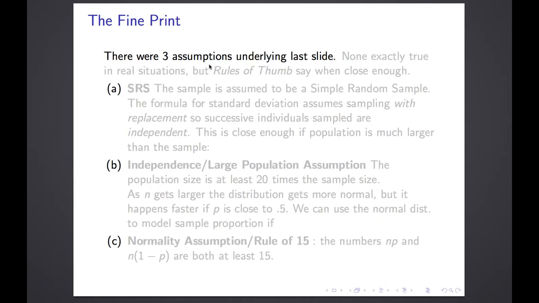Now, those 3 statements are only true if certain assumptions are met. And I'm going to spend some time talking about those assumptions. The process, everything we do from here on in will rely on assumptions. And it will always work the same way. This is universal to statistics. There's the actual formal assumptions, which are theoretical statements which are almost never true in practice.